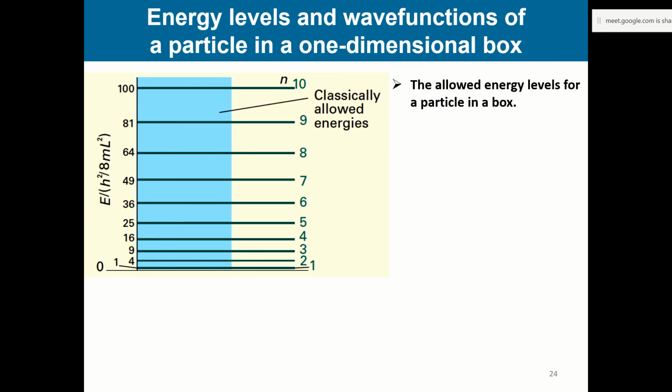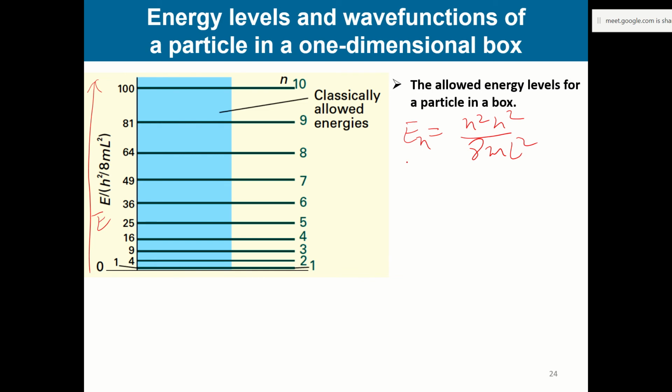Now if you look at the expression, E is equal to n square h square by 8 m L square. So this was the energy. Plot this as a function of n, and look at what the separation would be if you define a scale vertically on the screen. So this is the value of energy.